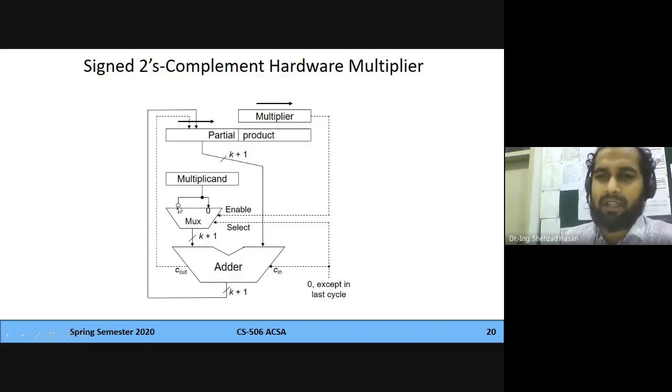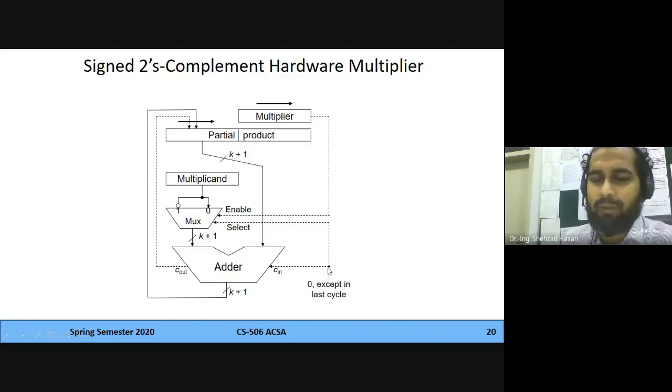This complement is actually needed only in the last step, where you are going to do the subtraction. The carry in is always going to be 0, where you're always going to add, except in the last cycle where it's going to be 1.